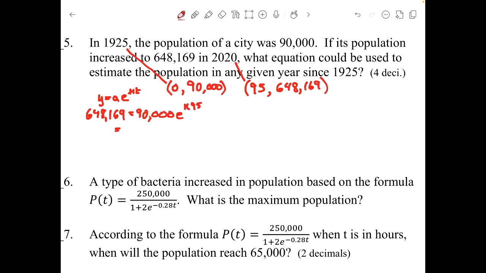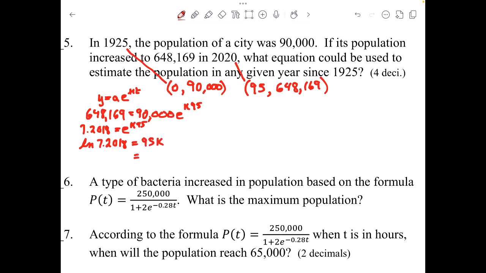Now, to solve for my k, if I divide both sides by my 90,000, that gives me 7.2018. And so that is equal to e to the k95 power. Taking the natural log of both sides, so the natural log of 7.2018 is going to be equal to 95k.